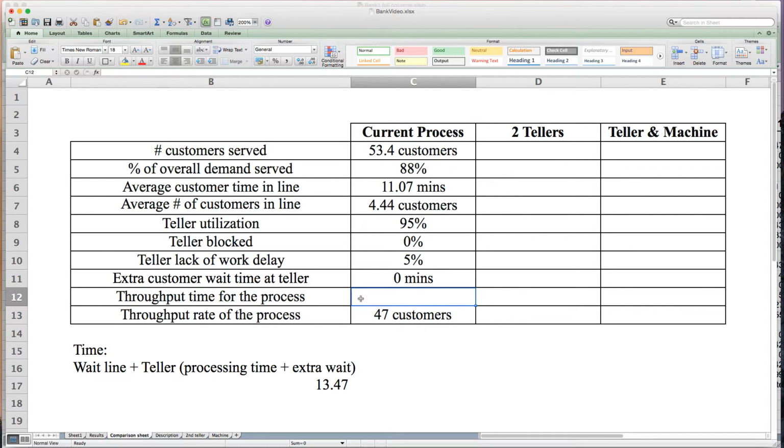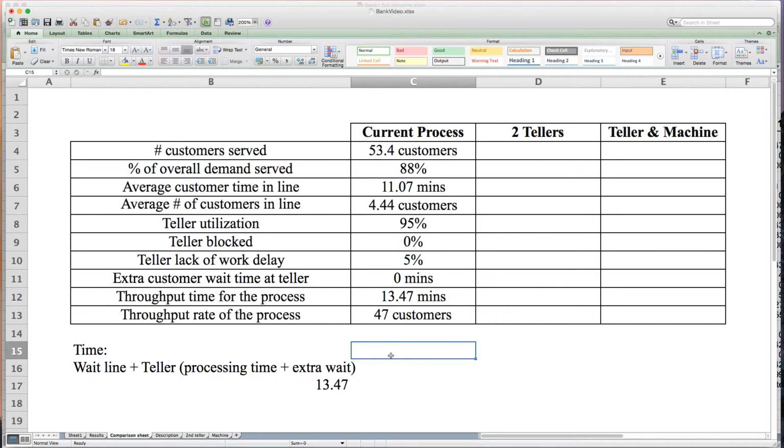A total of 13.47 minutes. Okay, well, let's be honest, that's a pretty long time to spend in the bank. So if you think about it, they're being processed for 2.4 minutes, okay, and they spend nearly 6 times that amount of time waiting in line. So that's a pretty nasty little process that we're looking at here.